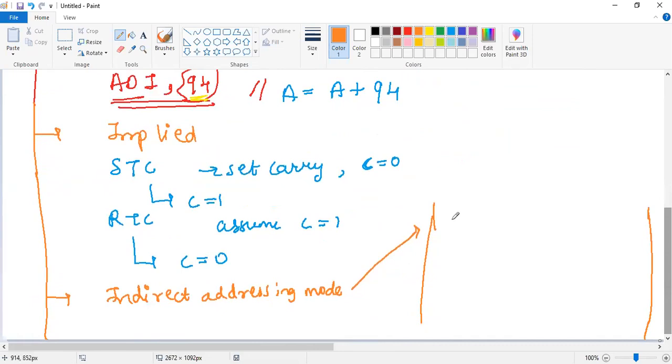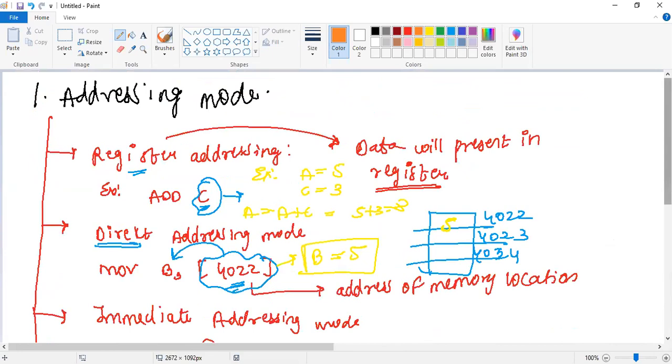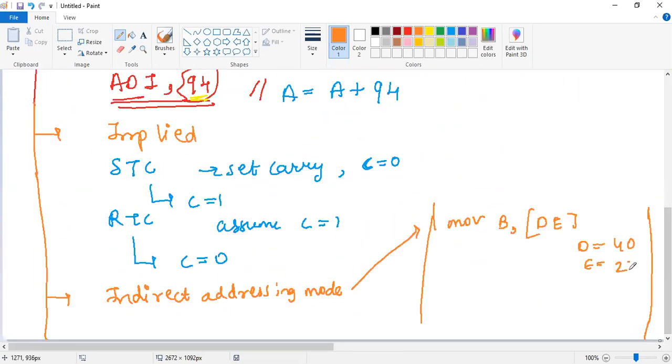The example of indirect addressing mode will be like MOV B, M, where we provide something as D. MOV B, M with D as 40 and E as, let it be, 22. First of all, we need to evaluate this.